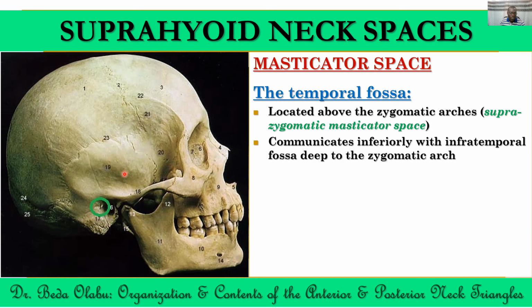We have the squamous part of the temporal bone, the greater wing of the sphenoid, some part of the frontal bone, and the parietal plate. The 4 bones meet at this region, what we call the pterion. So the pterion is part of that temporal fossa.